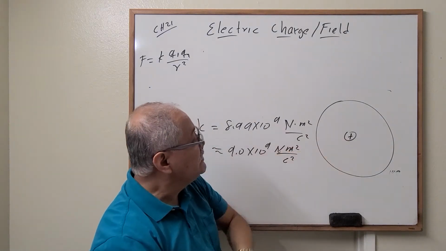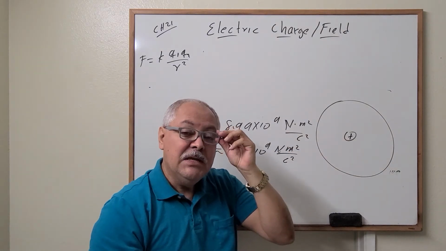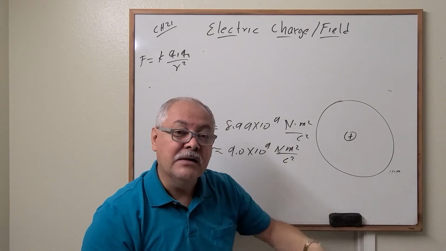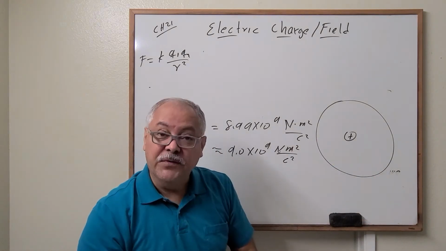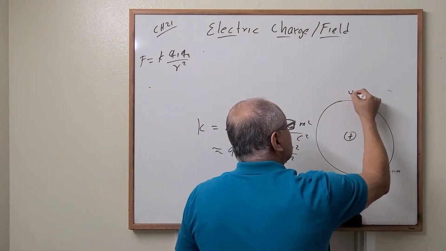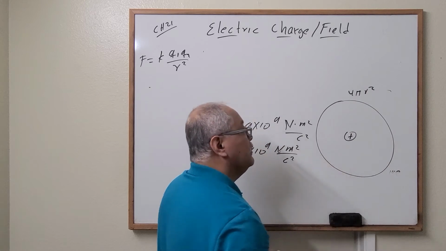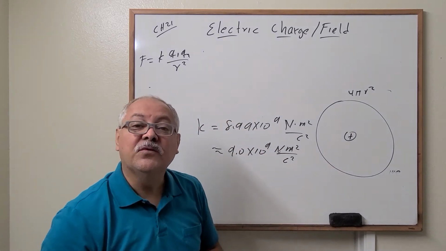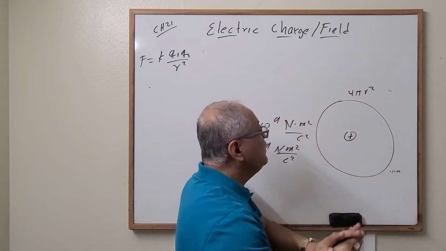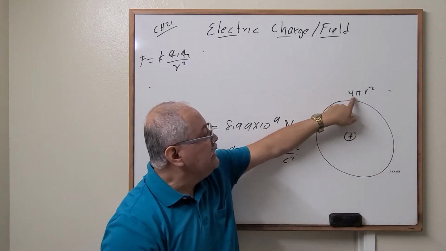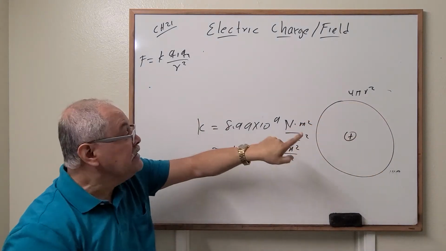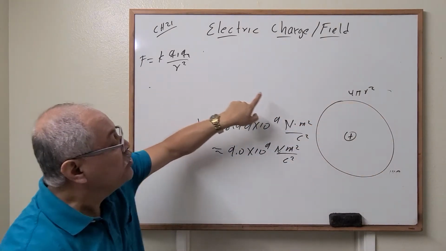In many calculations and formulas that are coming later, it's better to use the surface of the sphere, and the surface is equal to 4 pi r squared. That's the formula for the surface of a sphere. Because we are dealing in many cases with the surface of the sphere, it's a good idea to have this quantity present. But this is coming from here. We already have r squared.